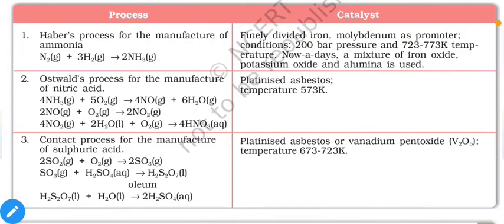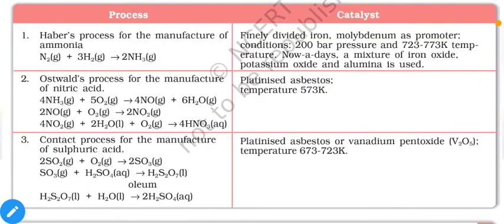So finely divided iron with molybdenum as promoter, conditions 200 bar pressure and 723 to 773 Kelvin temperature. Nowadays a mixture of iron oxide, potassium oxide and aluminium is being used.